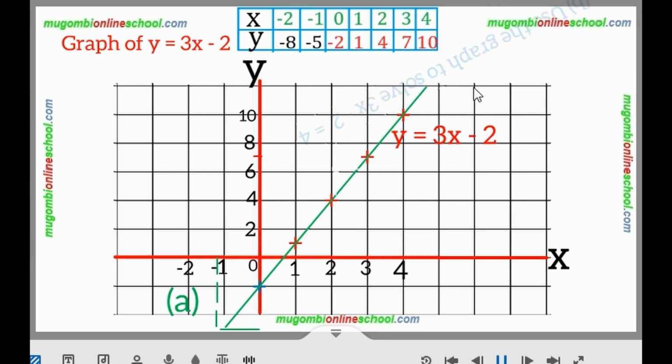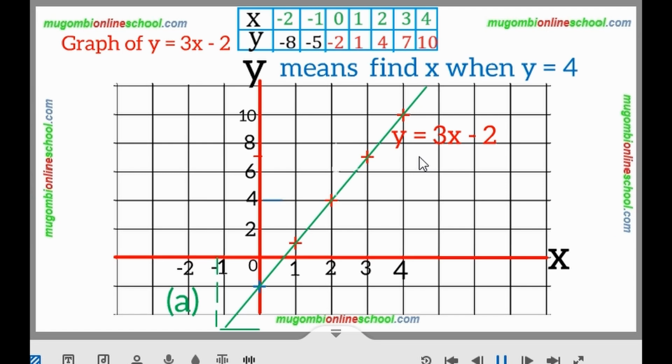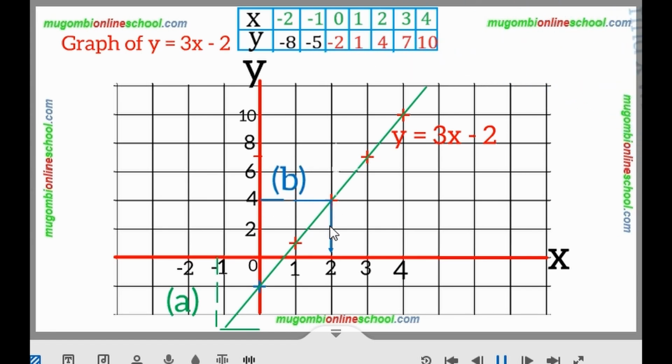Part B of the question requires us to solve the equation when it is equal to 4. It simply means finding x when y is equal to 4. So we have to move on from this point, part B, and then reach and see the value of x. Let us take a look at the graph. All right.